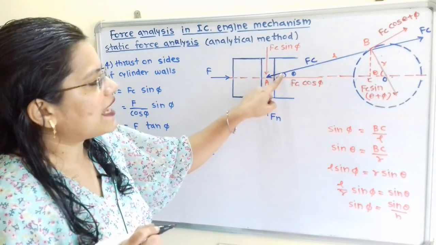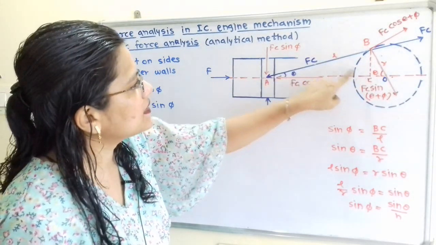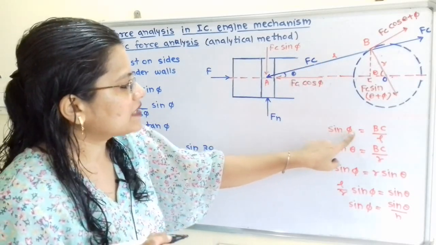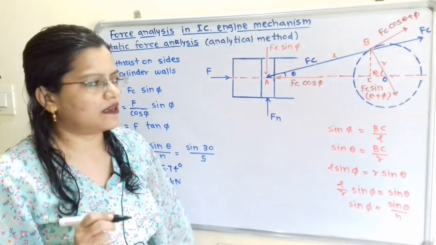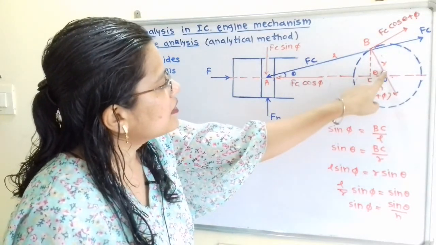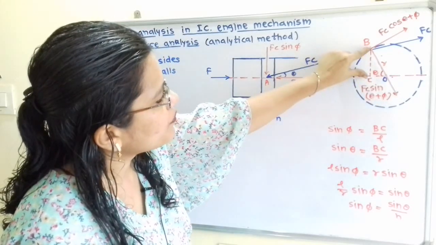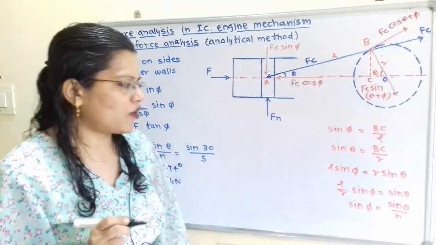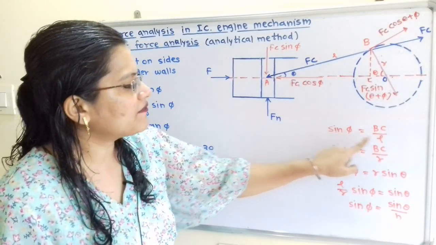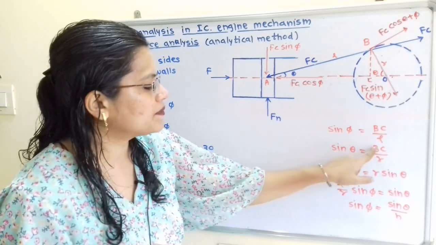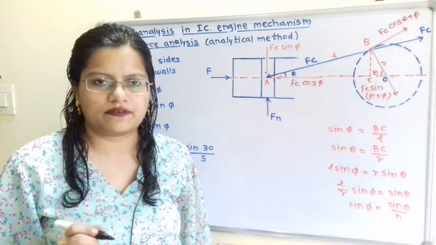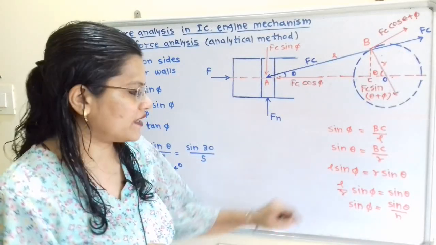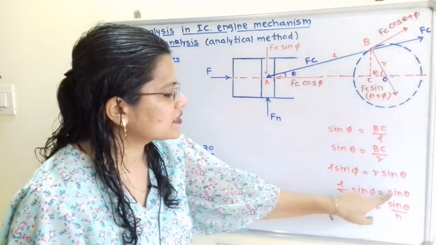Sin phi is equal to BC divided by AB, and AB is nothing but L. So sin phi is equal to BC divided by L. In the same way, sin theta is equal to BC divided by R. Now BC is common. So BC is equal to sin phi times L, which is equal to sin theta times R. Now we know that L by R is the obliquity ratio, that is, the value of n. So L by R sin phi is equal to sin theta.